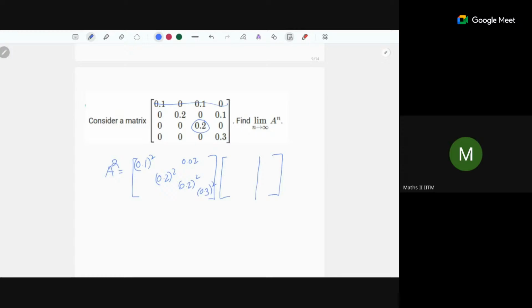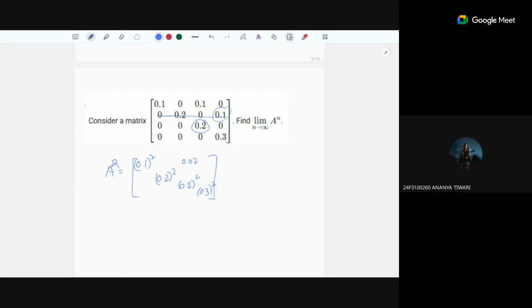Right. And this entry, which is on the second column, fourth entry. So can we just simply say that when we make this a diagonal matrix, because 0.1, 0.2, 0.3, they all are less than 1, it will go to 0?